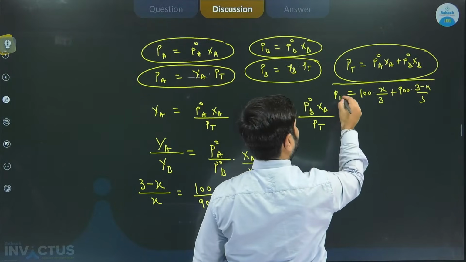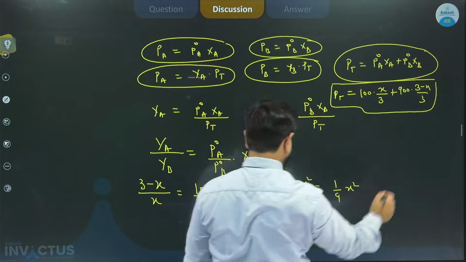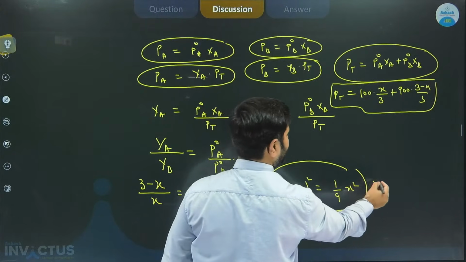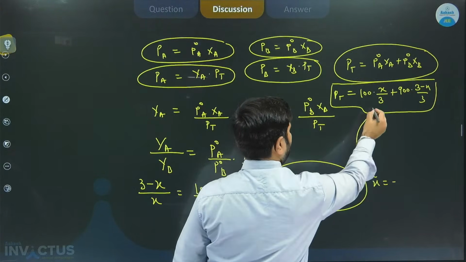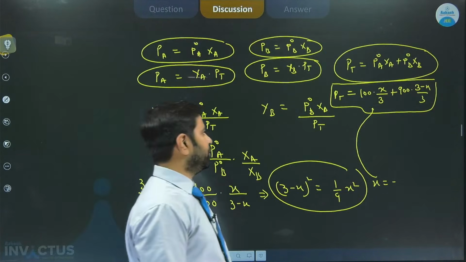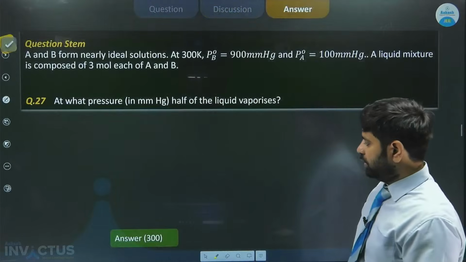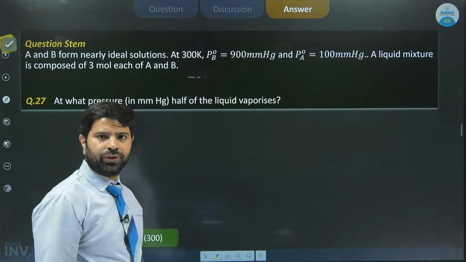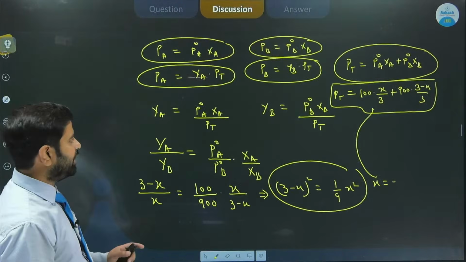This equation you have to solve. You can simply calculate X from here, put X here, and you will get your answer. Okay, let's check the answer to this question. It is given as 300. Also, there is a short trick for this question. You can derive that formula.